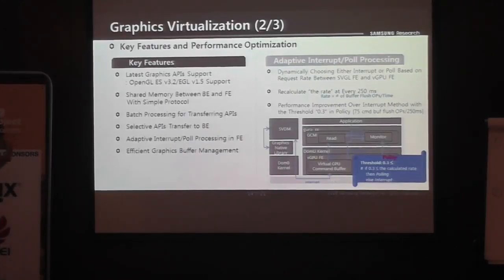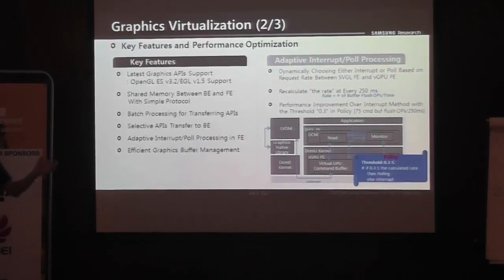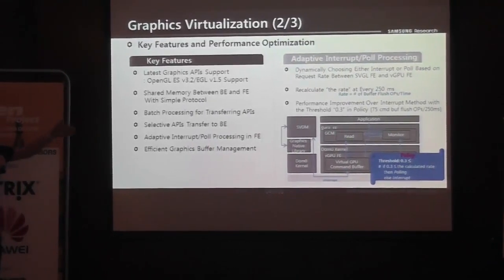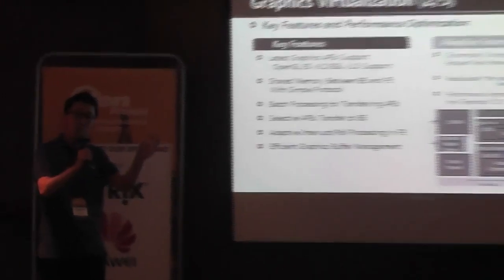That means our solution calculates the request rate periodically. So, for example, every 250 milliseconds, we calculate the request rate. The formula is the number of buffer flush operations per designated time.